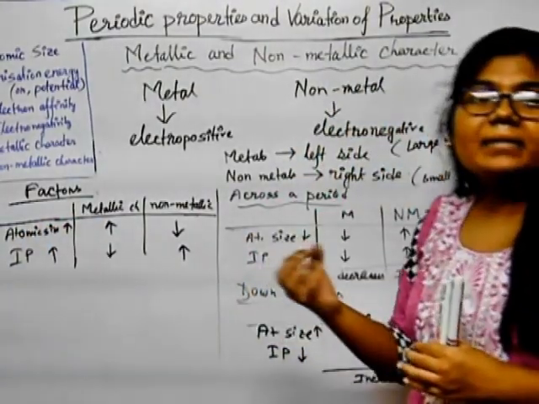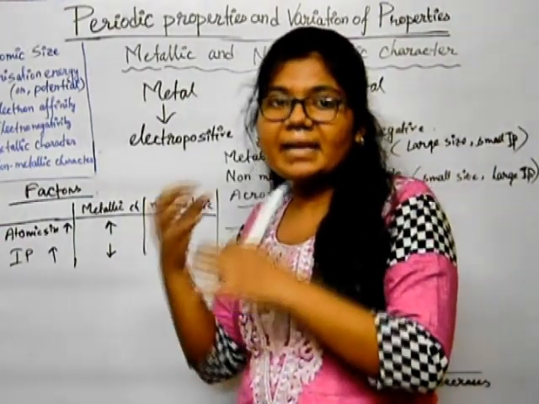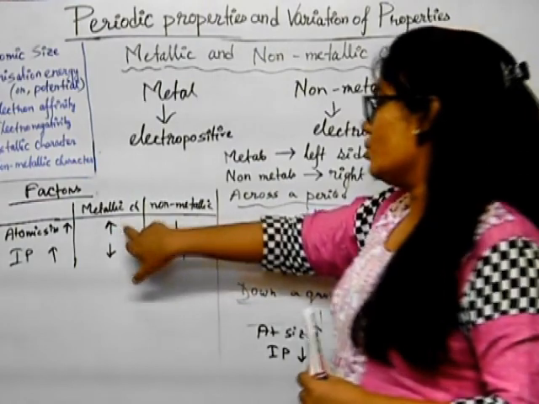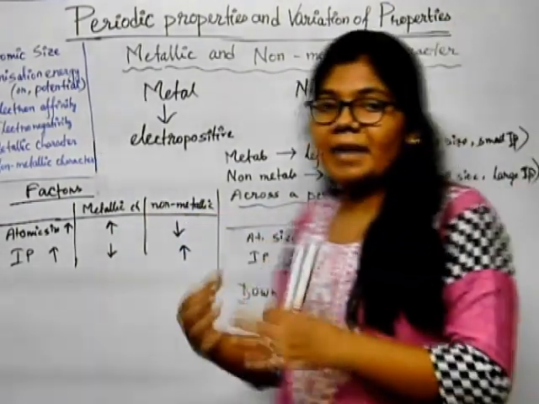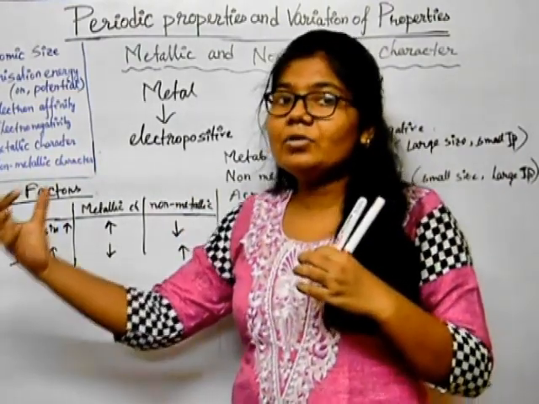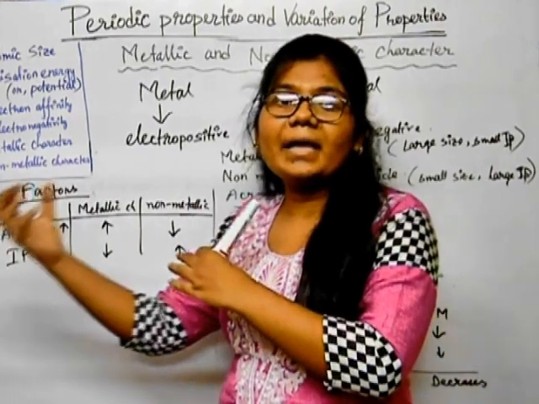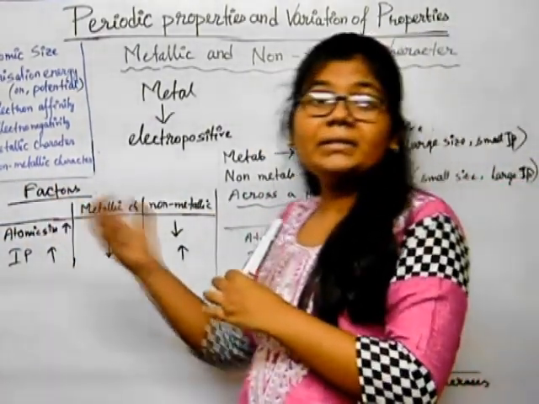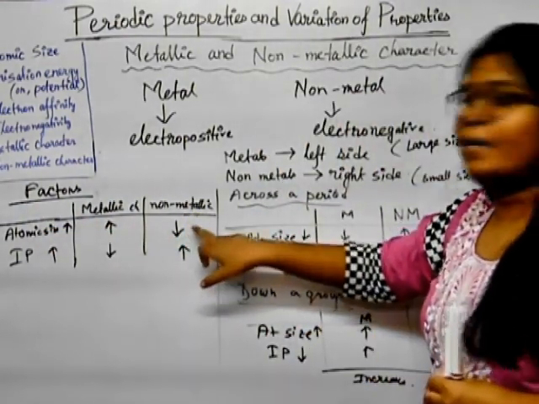So metals can easily release electrons, and the metallic character is increasing. And in case of non-metals, as the atomic size is increasing, the force is decreasing, so they can't accept electrons easily, so non-metallic character is decreasing.